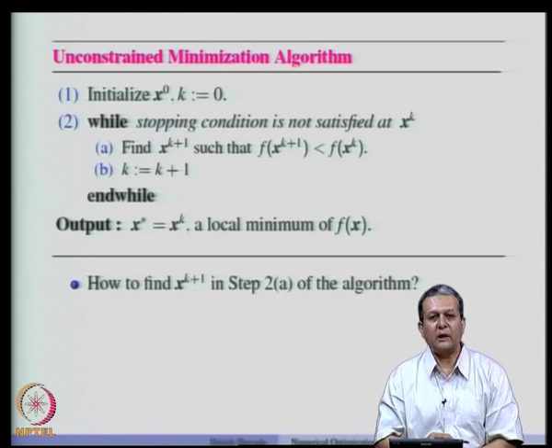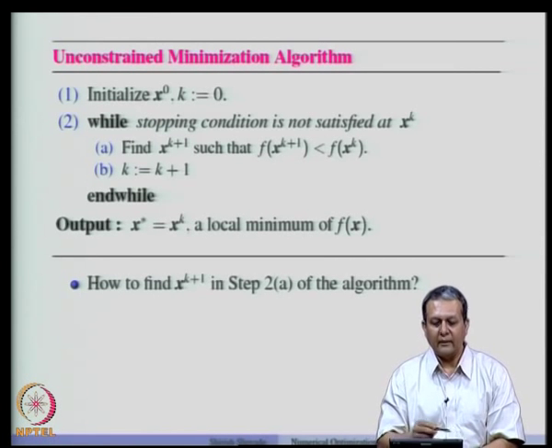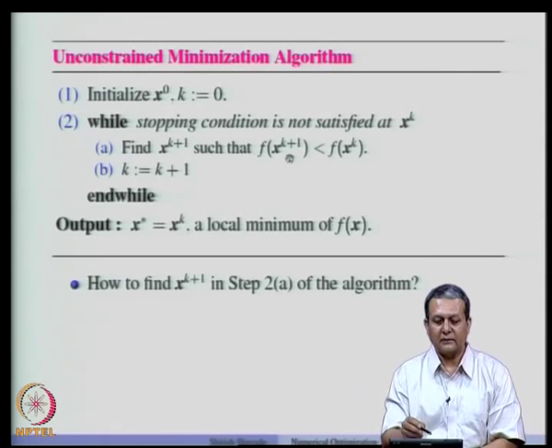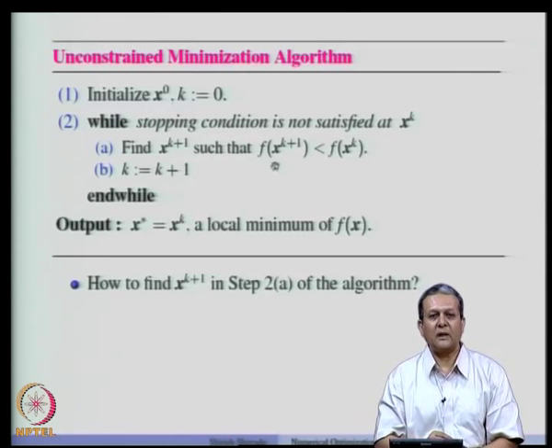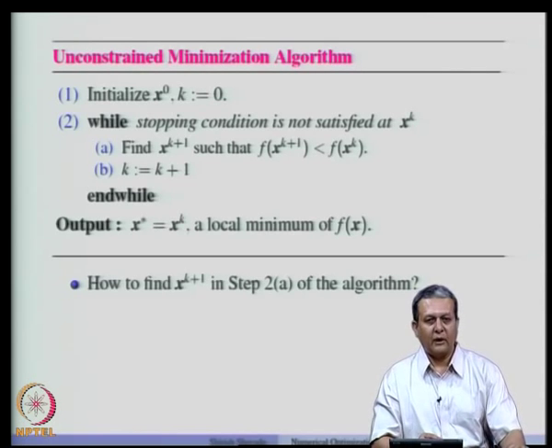Is there any systematic way to find this xk plus 1 such that the objective function value decreases at the new point? This is a very important question, and different optimization methods use different ways to generate xk plus 1 given the point xk. We will study some of those methods in due course.